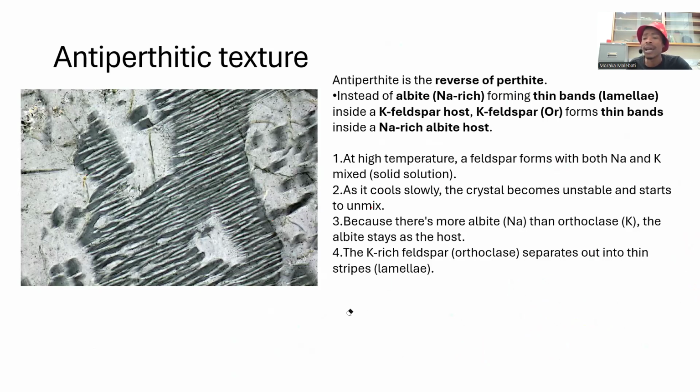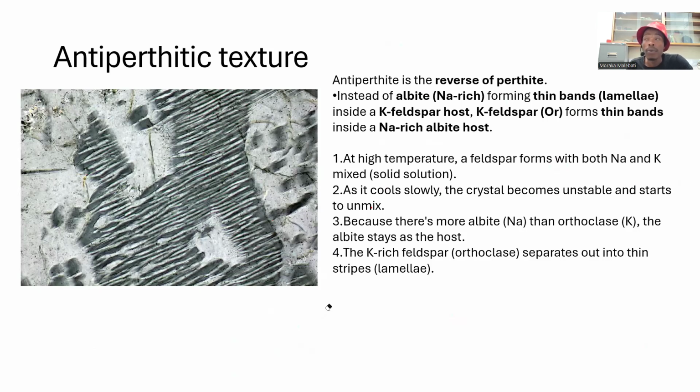That is to say, at high temperature, these things are in a solid solution and they are stable. But once you lower the temperature slowly, it shouldn't be rapid cooling, it should be slow cooling, these things start to become unstable. That single feldspar becomes unstable, and the two feldspars that we had now start to separate.